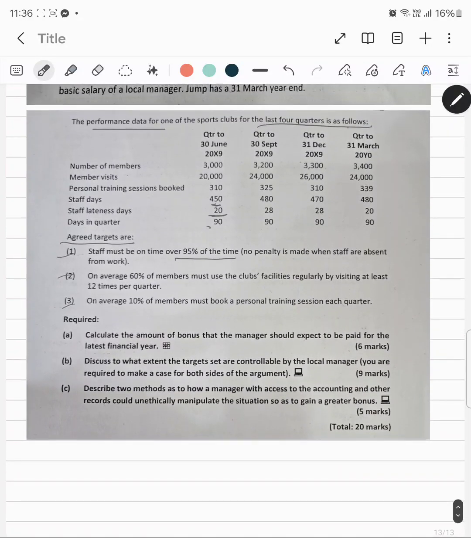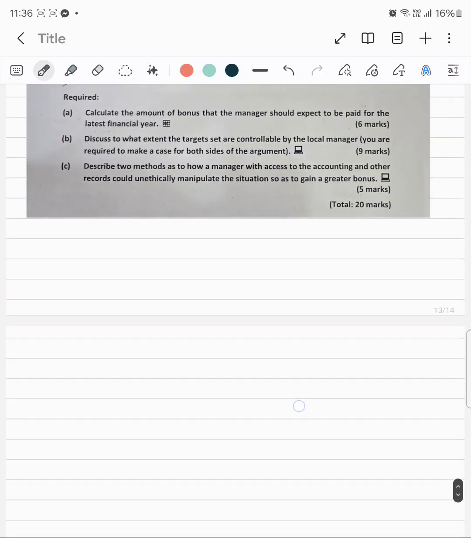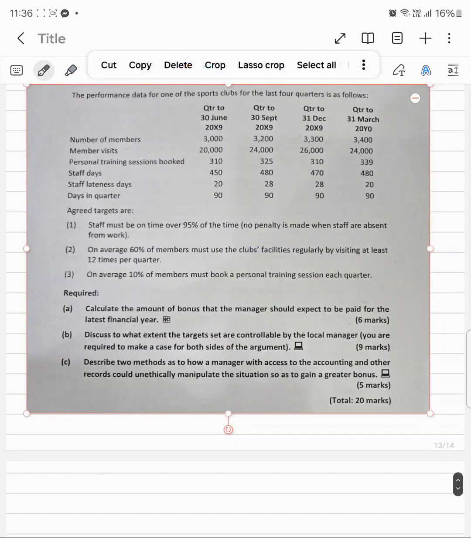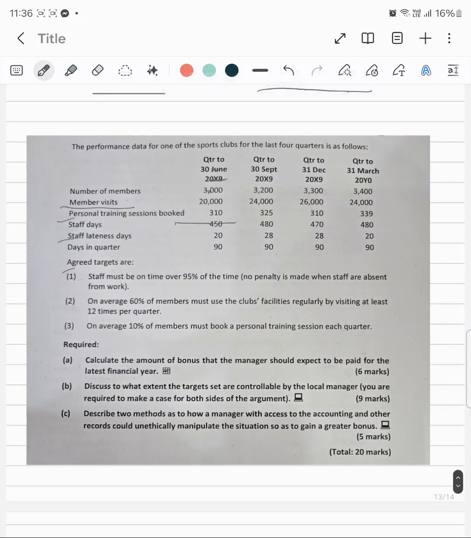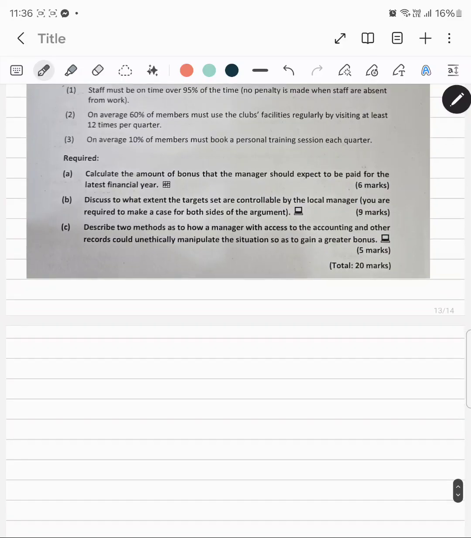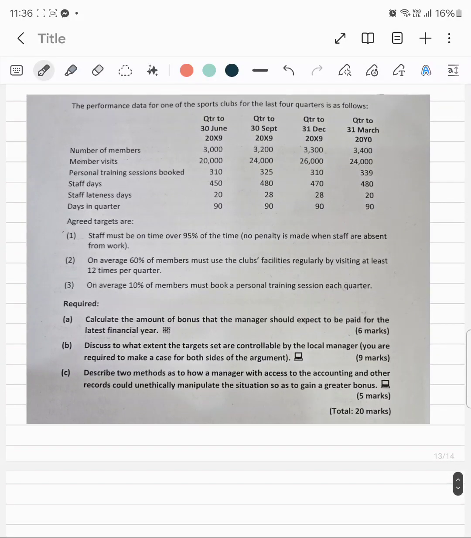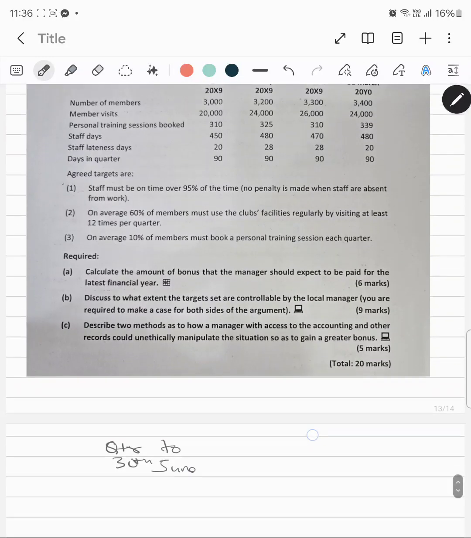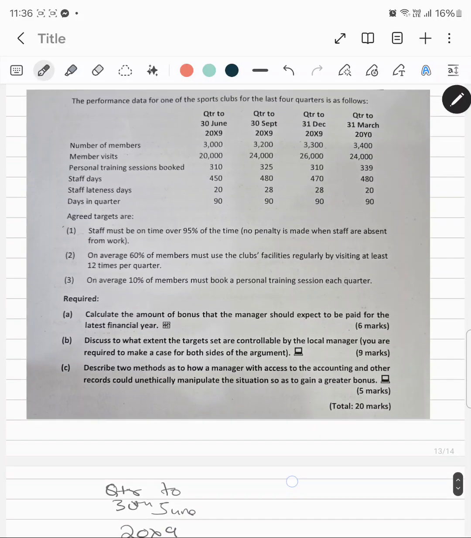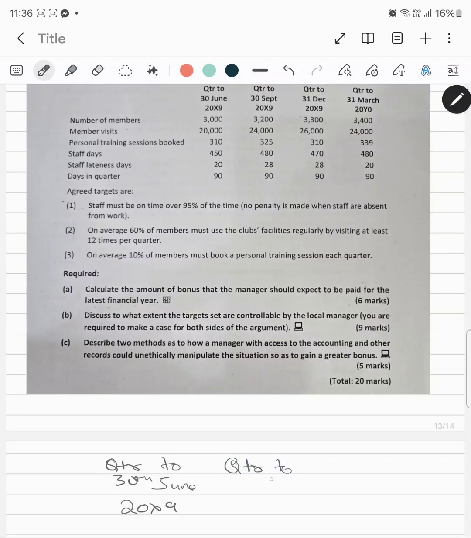Okay, so let's start doing it. So first is quarter to 30 June, then quarter to 30th September.